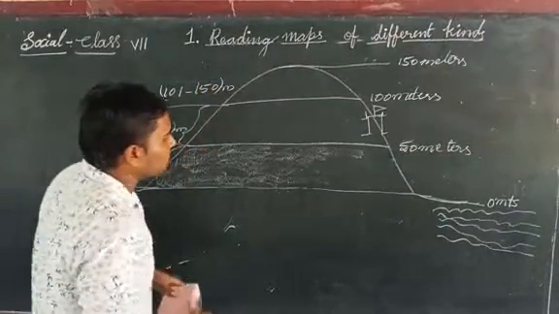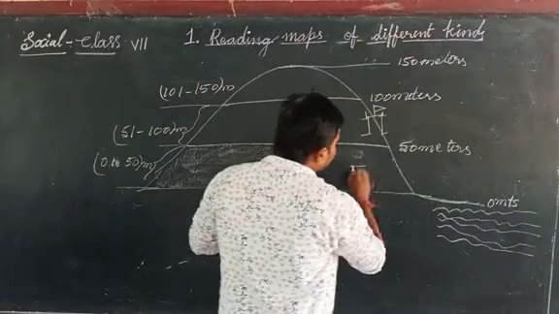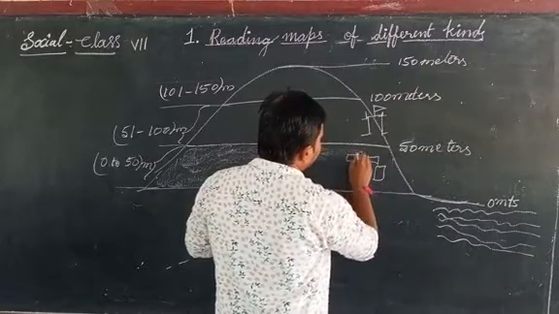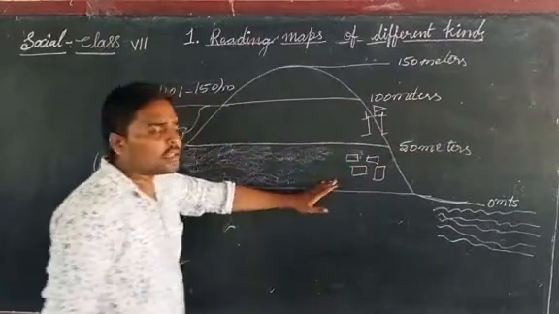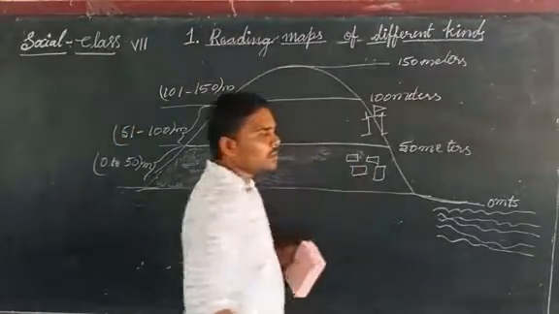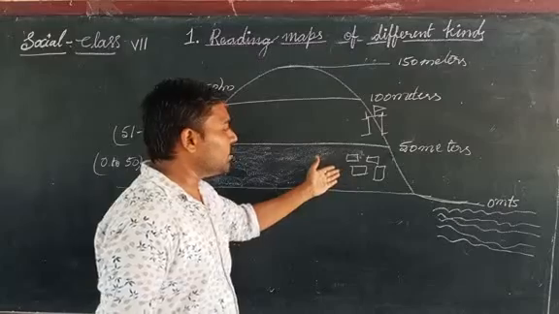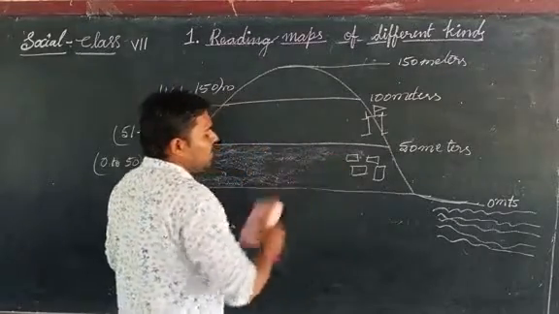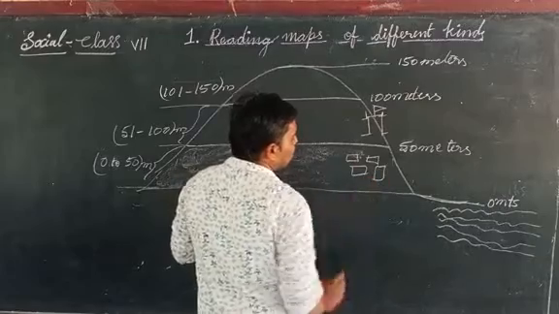Okay. Suppose there are any settlements located here. Settlements means the places where people are living, the places which are very suitable to live.